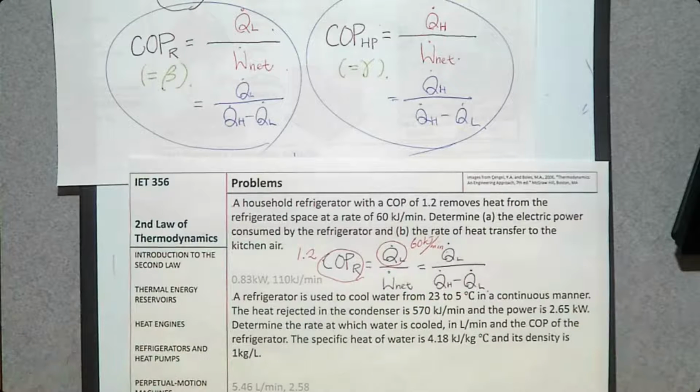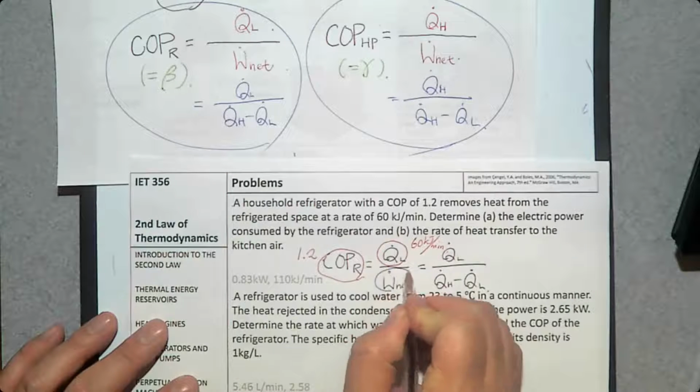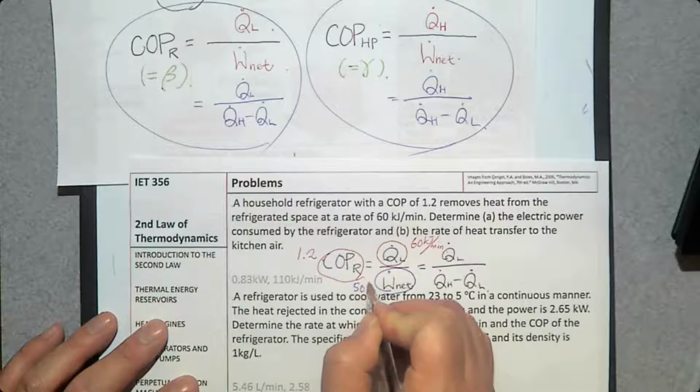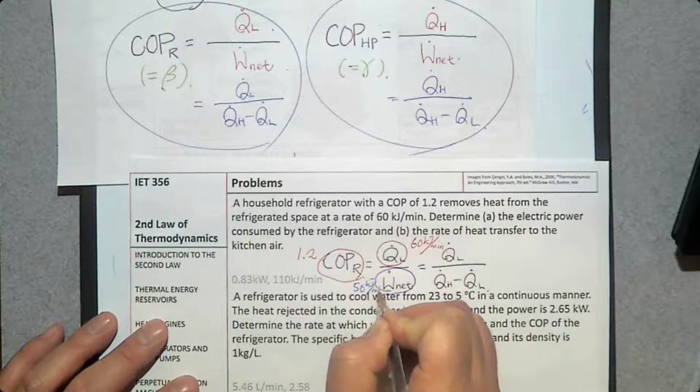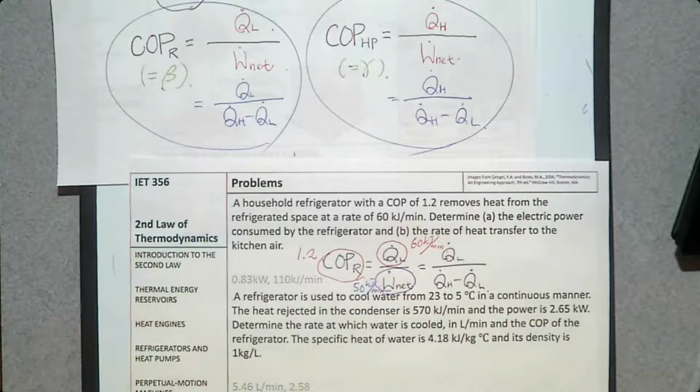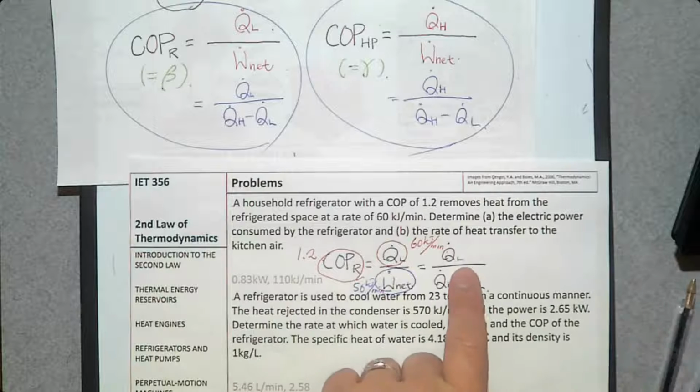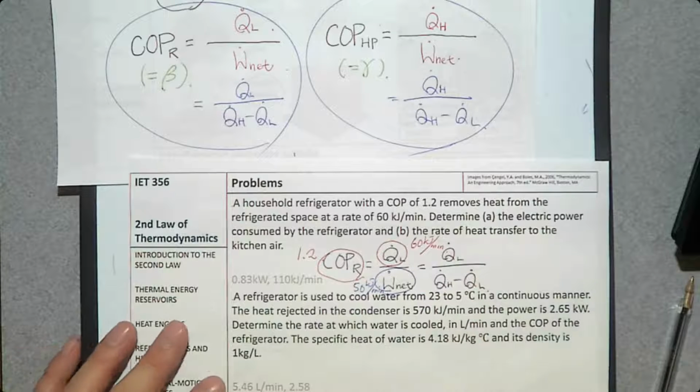Then 1.2 is 60 divided by W dot. Can you determine W dot? Yes, you can. What is W dot? 50 kilojoule per minute. Then let's look at the right-hand side of this equation.